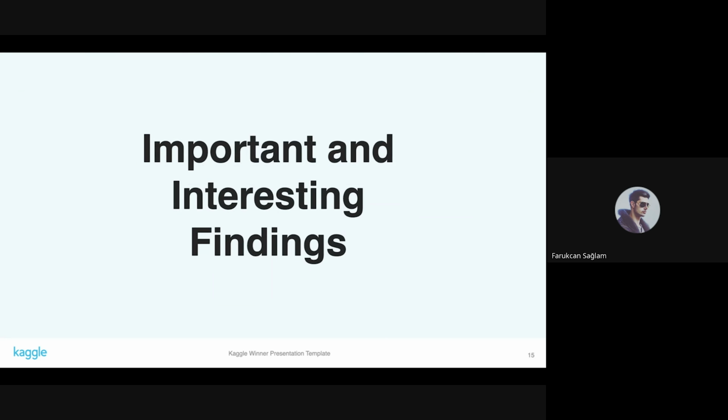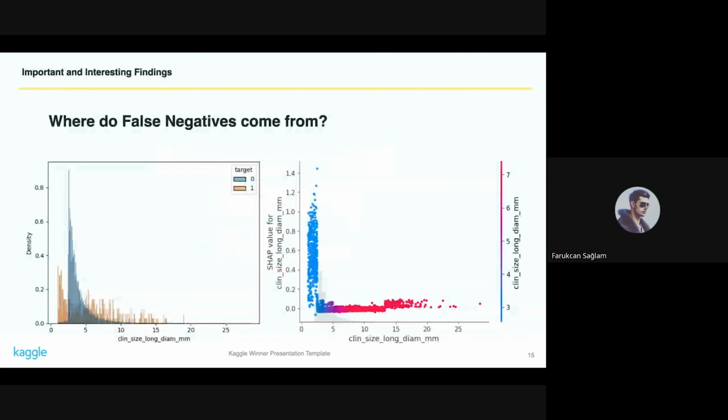Important and interesting findings. One of the most impactful observations, according to my observations, the majority of the errors made by the model are false negatives. I investigated the common characteristics of these samples, and I found that most of them involve lesions with a diameter of between 2.5 to 2.75 millimeter.